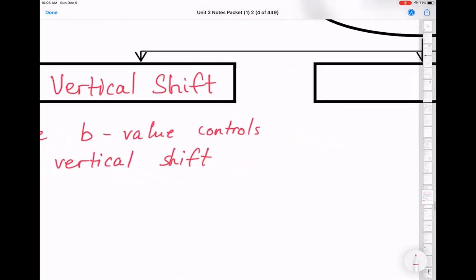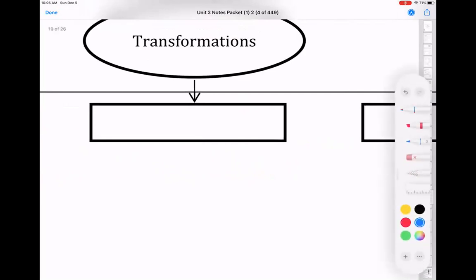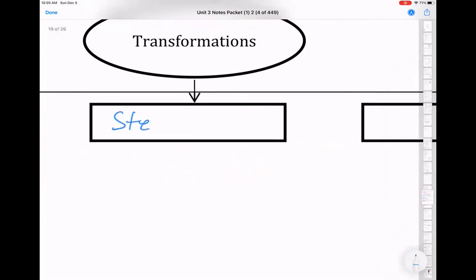The next one for linear transformations is your M value, which is controlling the steepness. So steepness. Okay. This is also pretty much in terms of widening or stretching. So you'll hear teachers mention that, stretch or widen, especially when we get to our quadratics unit.